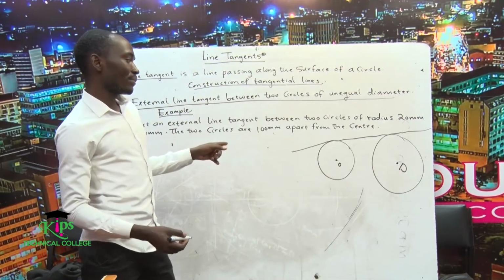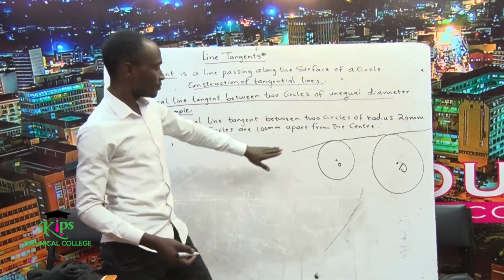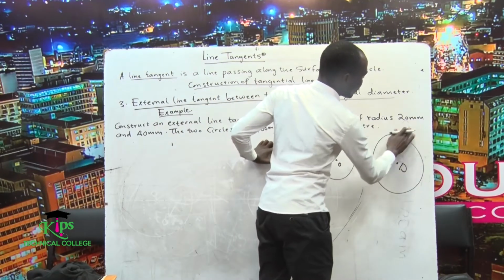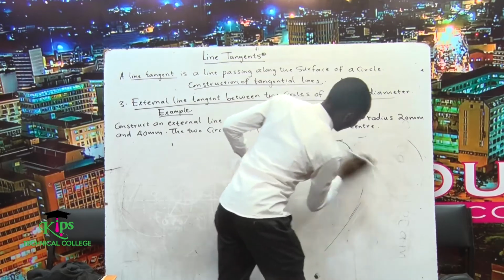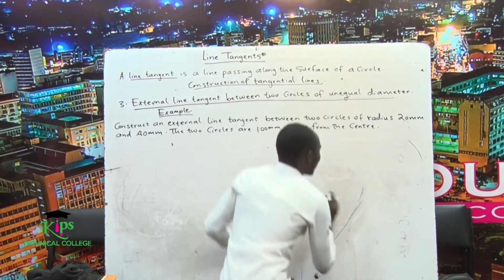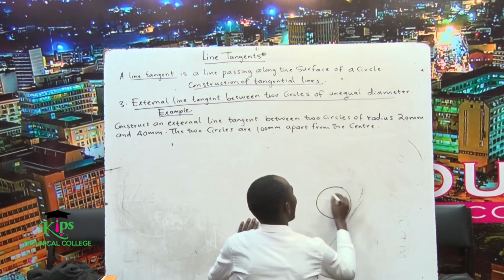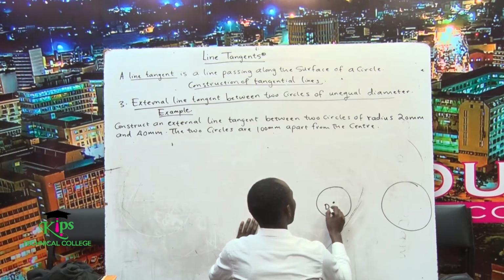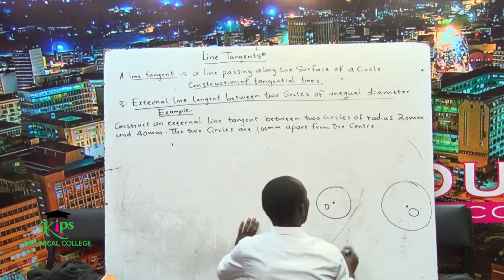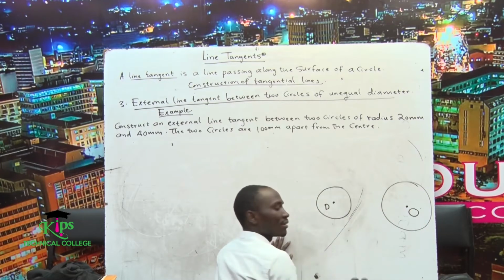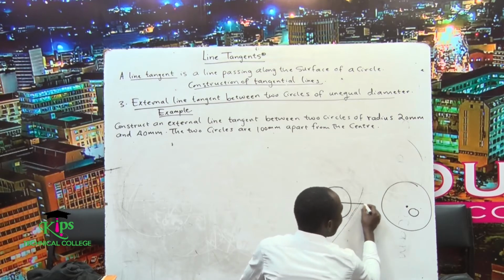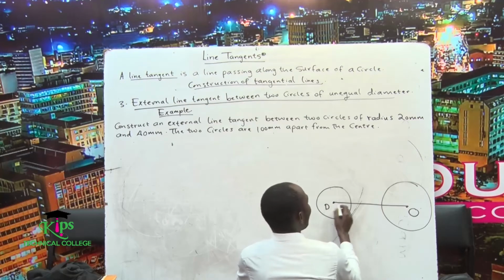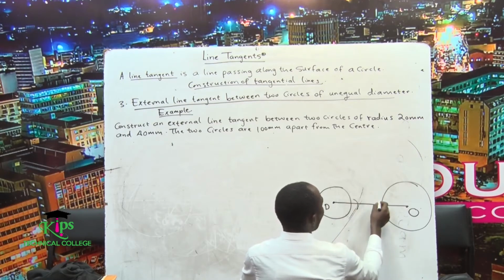Now, to come up with this line, this is the procedure we will use roughly. If this is your circle and this is your bigger circle, center D, center O, first of all you will join D to O. After that, you will bisect this line.